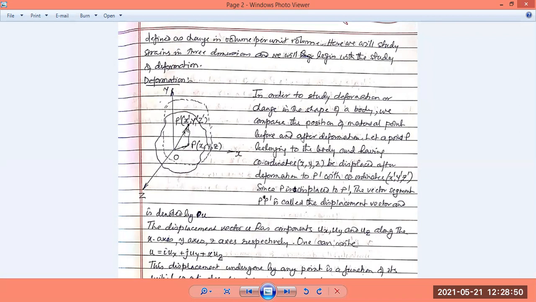So at P dash the coordinate along OX is x dash, along y is y dash, and along z is z dash itself. Now, since P is displaced or moved to the position P dash, the segment P to P dash is a vector segment. This displacement of P to P dash is a vector.